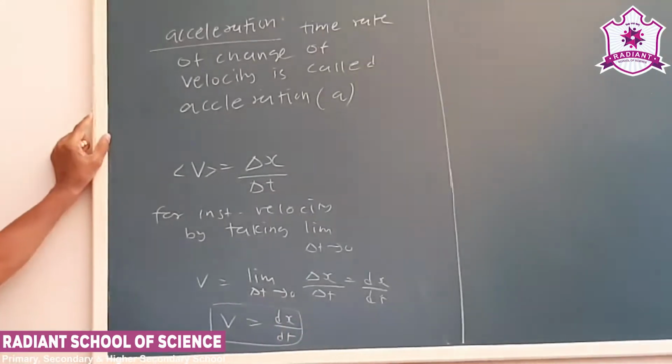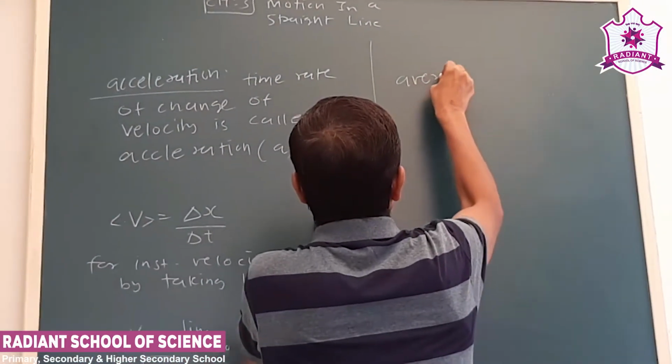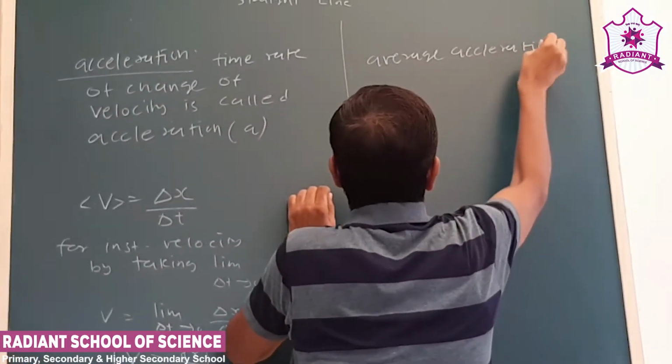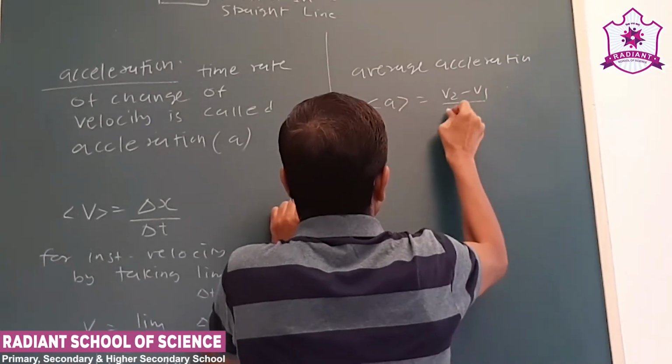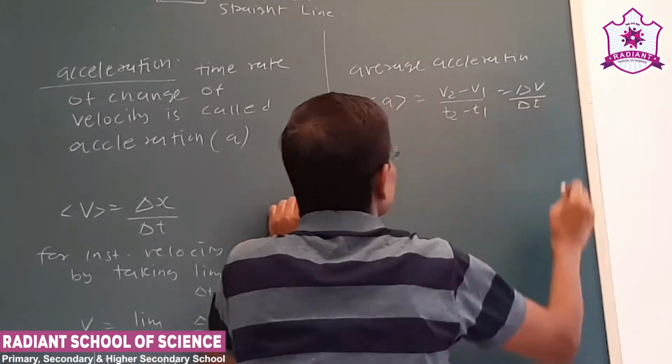Now first we'll talk of average acceleration. Average acceleration is v2 minus v1 upon t2 minus t1, that is delta v upon delta t.